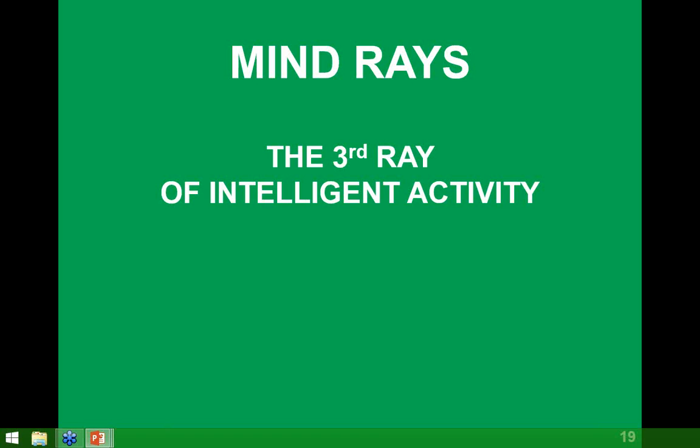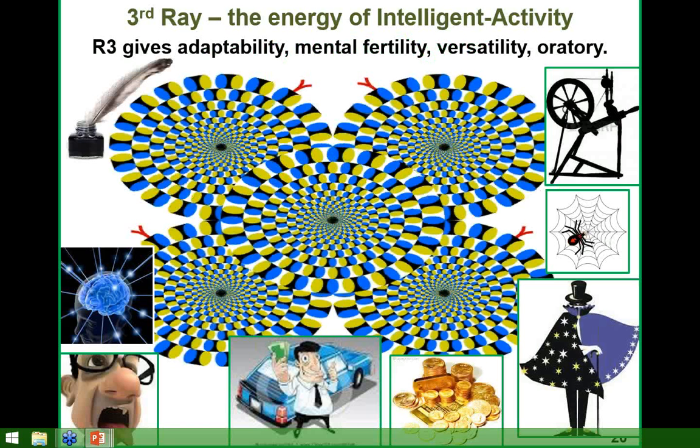So now we've gone to the hard line ray, but this hard line flows through the mind ray. And there we have that. And I want you to first get the sense of that kaleidoscopic picture in the middle and imagine it moving around, because this is what a third ray can really be like.